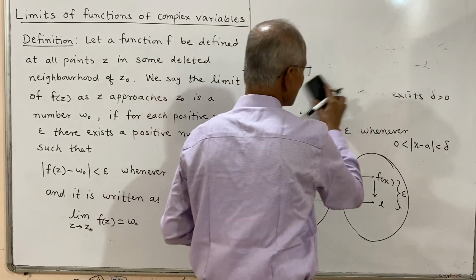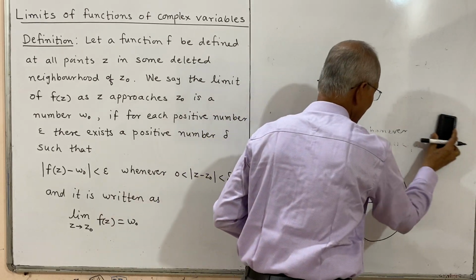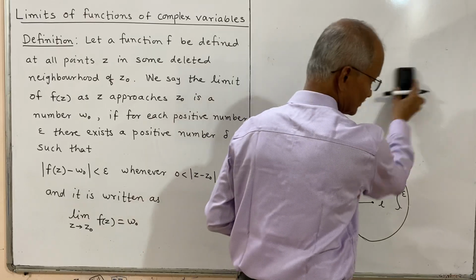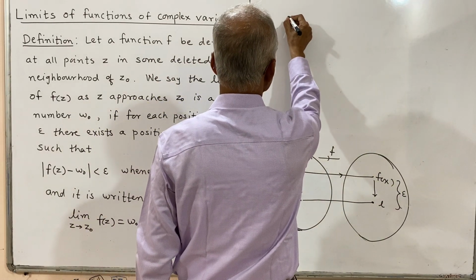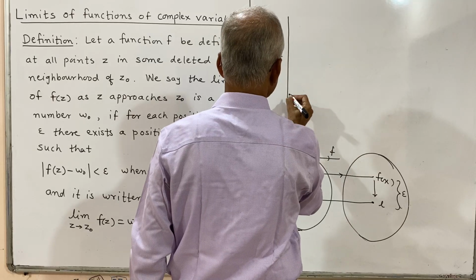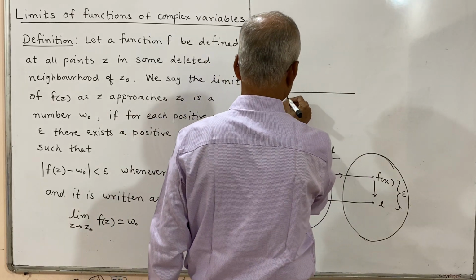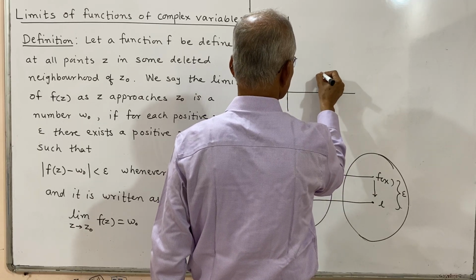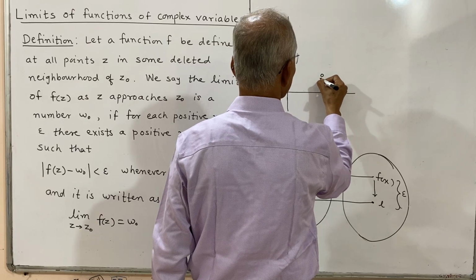We consider two separate planes, say one for z and another for f of z. Suppose this is the z plane, and we have this point as z naught, with a deleted neighborhood.